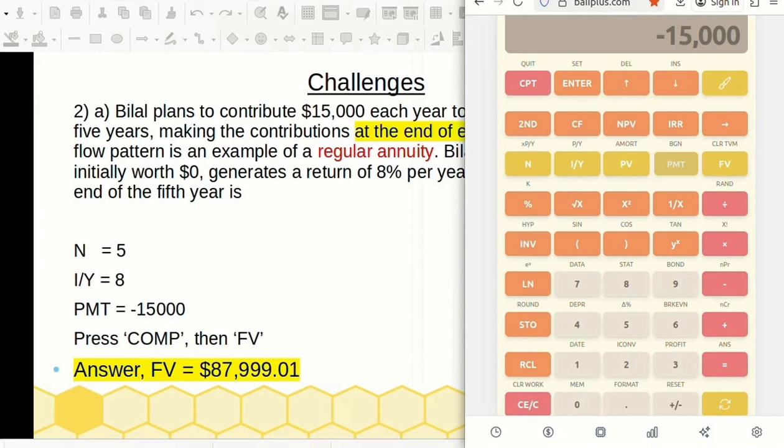It is your PMT, your periodic payment. Now compute the future value. Okay, so it is $87,999.